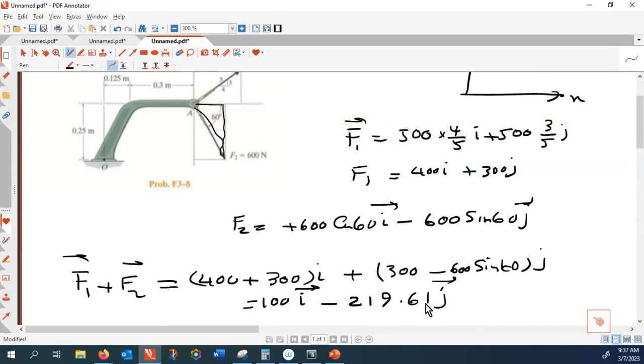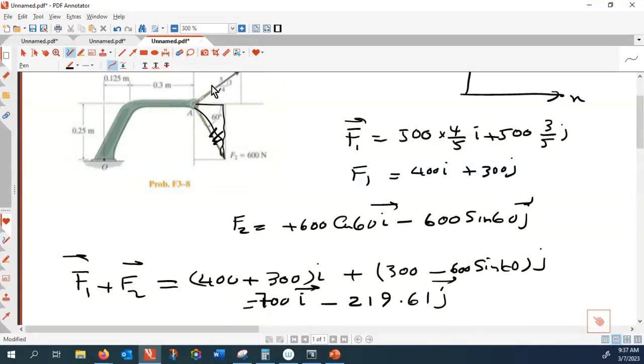No, that is 219j. 600 times sine 60. 400 plus 300. Yeah. Sorry about that. This is 700. Yep, thank you for that. 700i minus 219.61j.